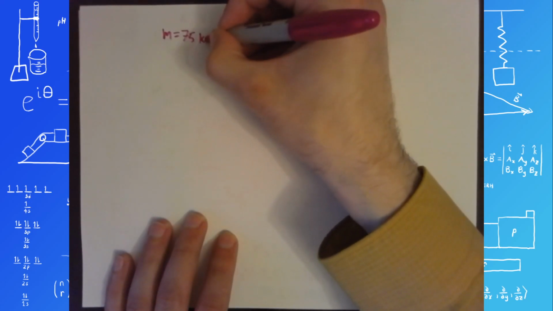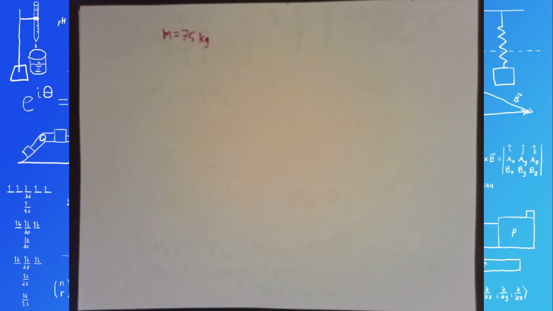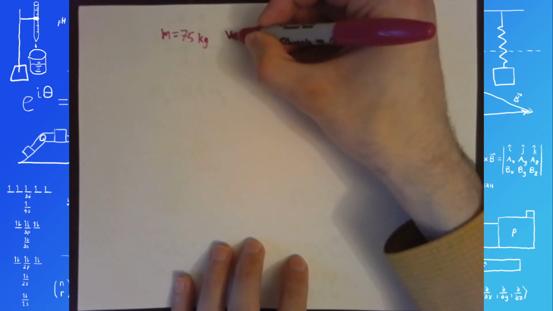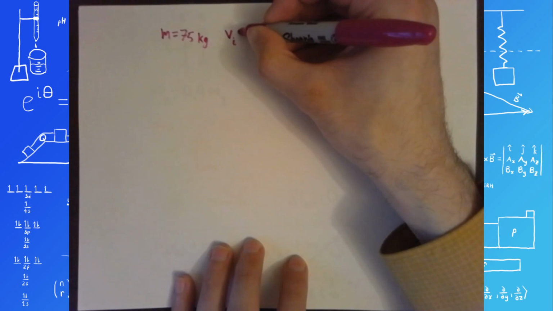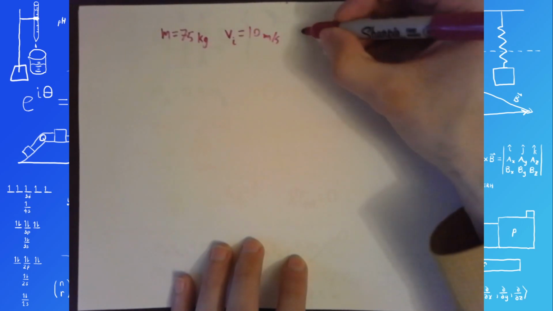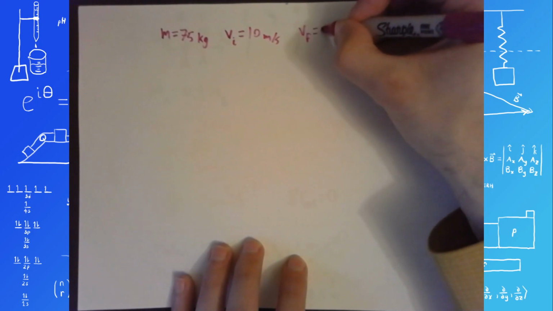We only have to look at one skater because whatever force is applied to one skater, the same amount must have applied to the other one. I'm just going to look at the original skater. V initial is 10 meters per second. V final is 5 meters per second.